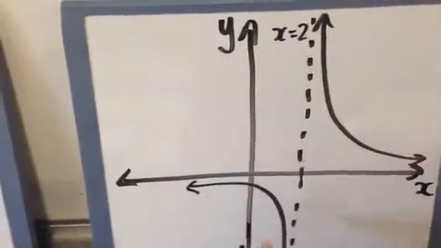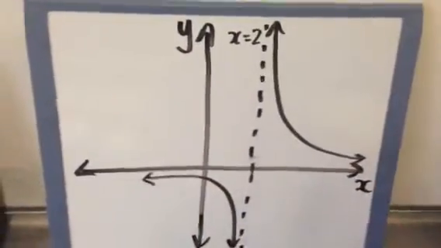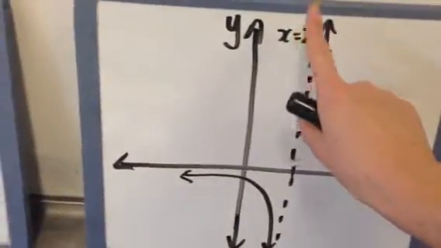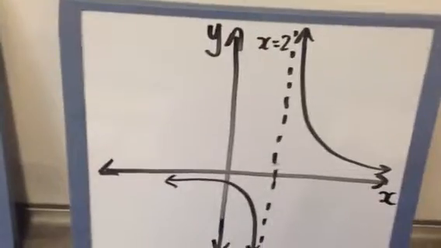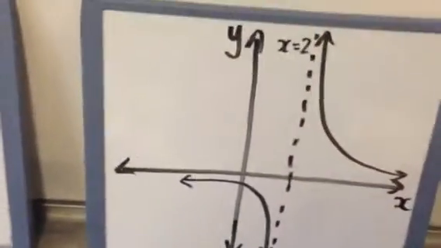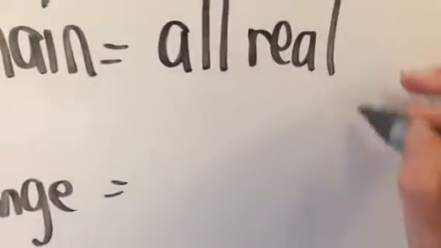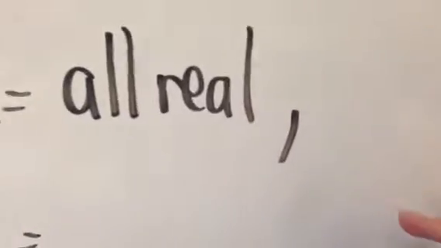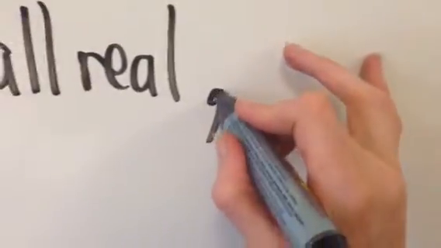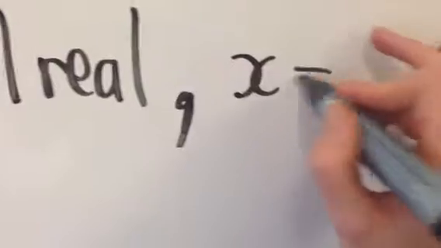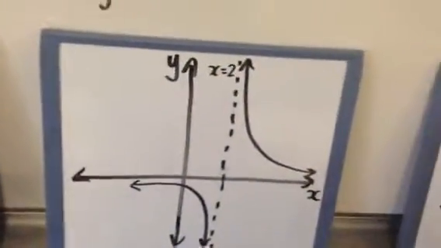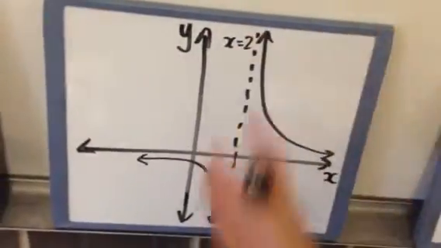If that wasn't there, all x values would be permissible, except for x equal to 2. X cannot equal 2 because we have that asymptote there. So when we do our domain, we say it's all real x, however, with a little bracket there, x cannot equal 2. Our domain is all real x except for that one part where x cannot equal 2.